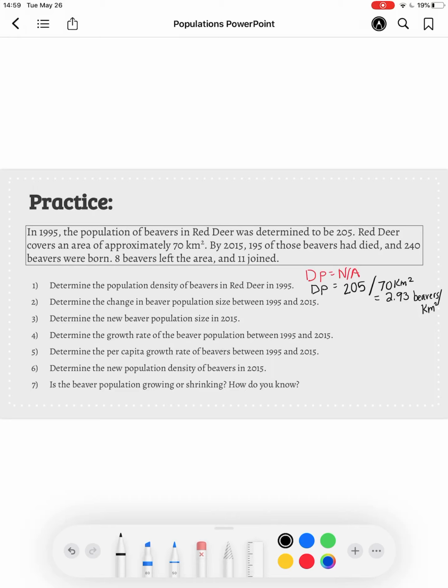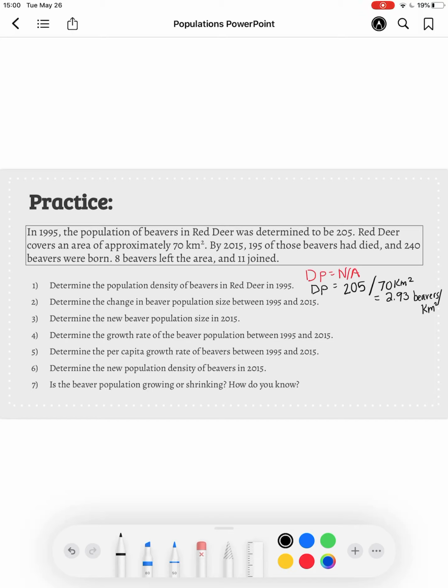Likely they're not all evenly distributed, but they are probably clumped, living in dams or in areas where there's water. But that gives you an idea of how many beavers might live in the area.